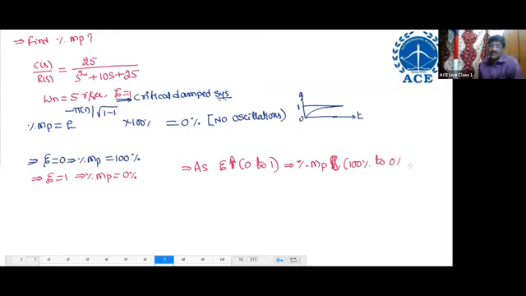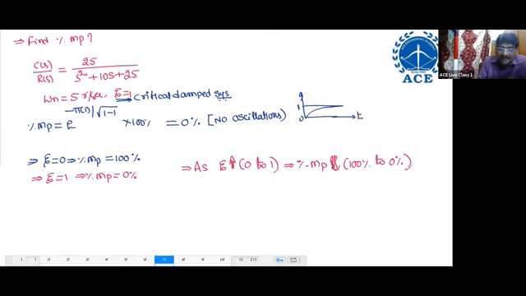So zeta and MP are opposite: zeta increases, MP decreases. Be sure to remember this.